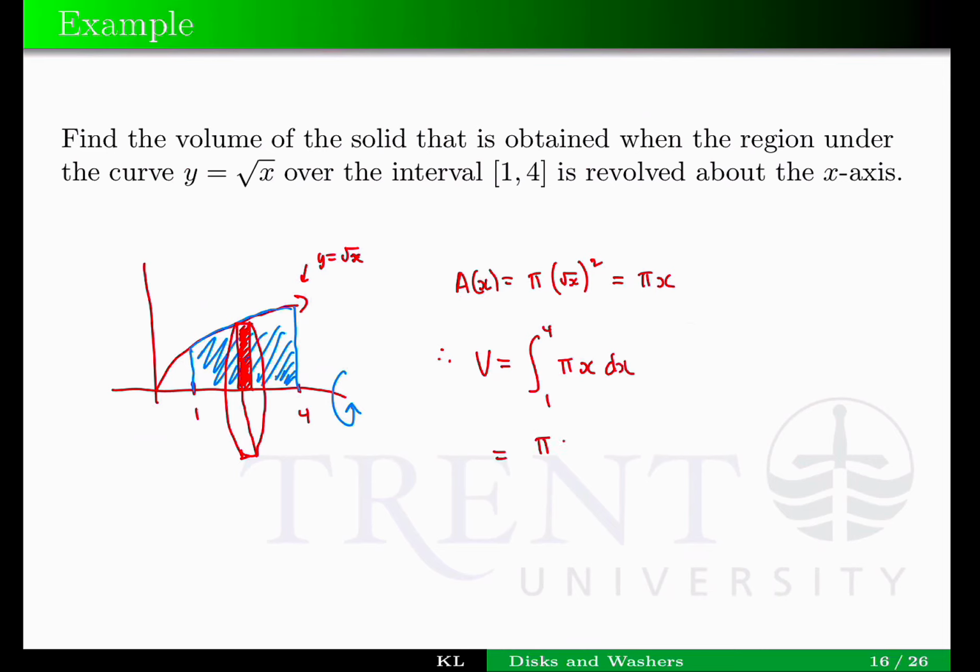So this will be pi x squared over 2, evaluated from 1 up to 4. When x is equal to 4, we got 4 squared, that's 16, over 2, you have 8 pi. Minus, when x is equal to 1, we have pi over 2. So this will be equal to 15 pi over 2, the volume of the solid that is generated.